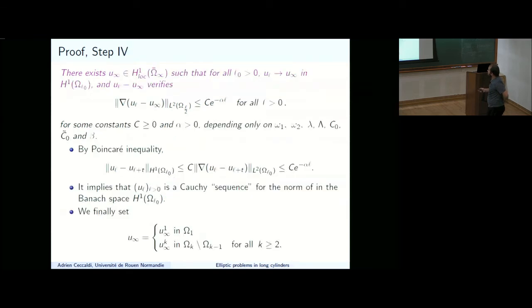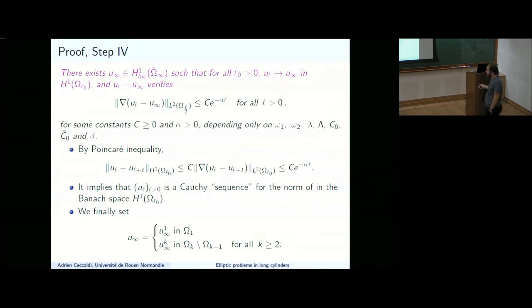On step 4, we show the existence of u infinity. And to do so, we first use the Poincare inequality to derive this. And then it means that UL can be considered as a Cauchy sequence for the norm of the Banach space H1 omega L0, which is to say there is a limit. So for every omega L0, we have a limit which will be U infinity L0.